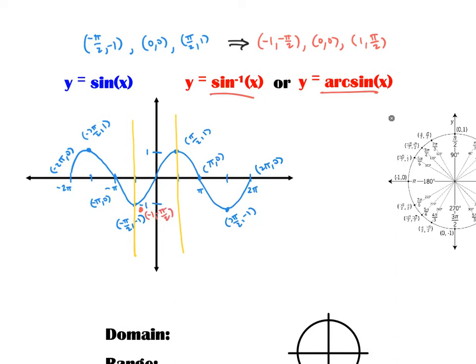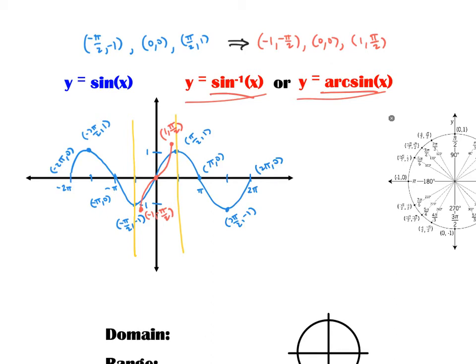Let's sketch 0, 0. Clearly that won't change. And 1 comma pi over 2 will be right about here. So our sketch of the graph will look kind of like this. That is the sketch of inverse sine, also known as arc sine of x. Just two different ways to think about it.